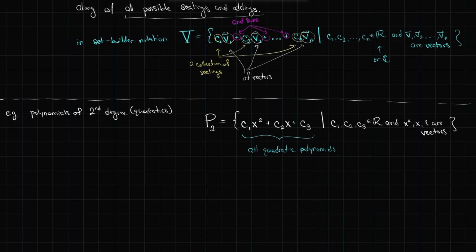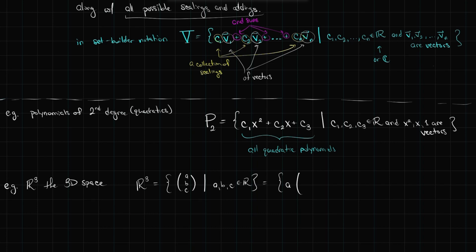But probably everybody's favorite, which I've been referring to the whole time, for example R3, the regular three-dimensional space you all know and love. R3 using set builder notation is just vectors of the form (A, B, C) such that A, B, and C are in R. But that doesn't exactly look like the way I'd written it earlier. How do we write this earlier?